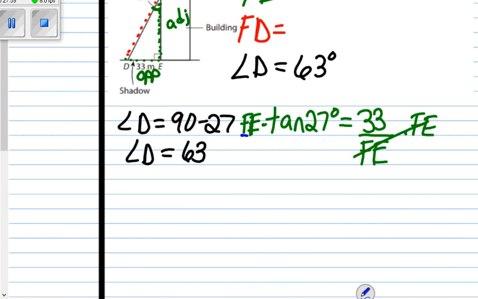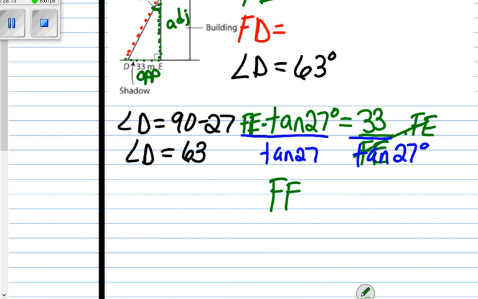We have to divide both sides by the tangent of 27. So FE and tangent 27 just switch places. It would be FE equals 33 over the tangent of 27. Whenever your variable is in the denominator, it just switches places with what's on the left-hand side.